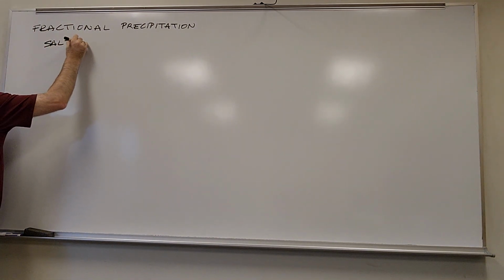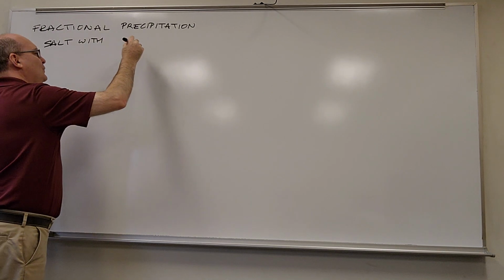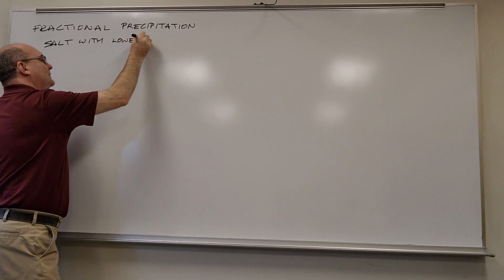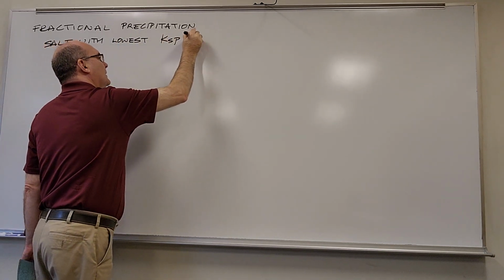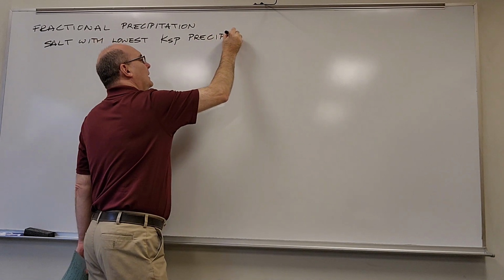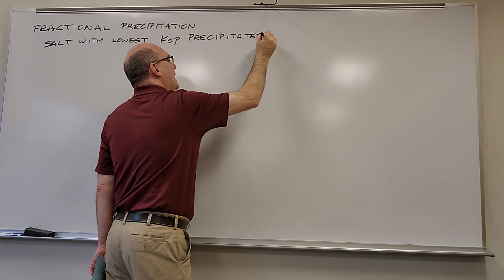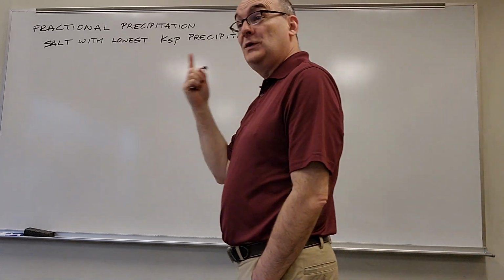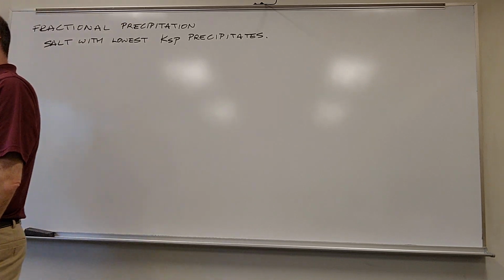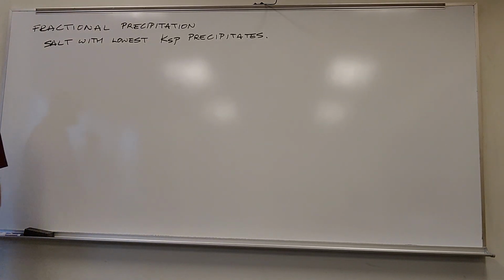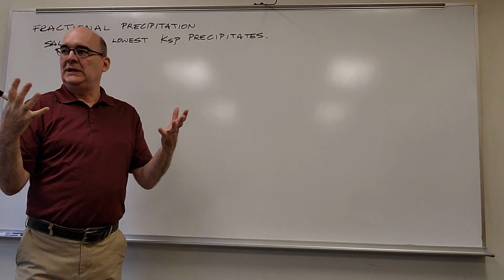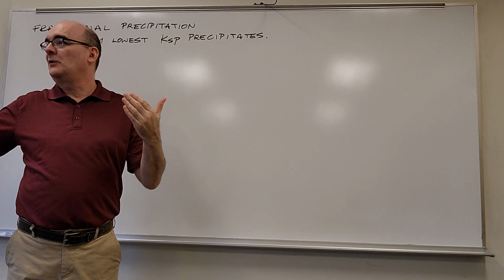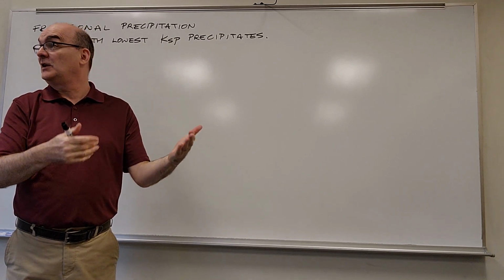All right, things we know. If I've got two salts in solution, the salt with the lowest KSP precipitates first. I'm not sure if I said it on camera on Tuesday. I think I did. Part of when we do this in lab, this will be stirred. This will be agitated, because you need the diffusion effect of, say this is like what we did on the board the other day, silver and iodide versus silver and chloride.